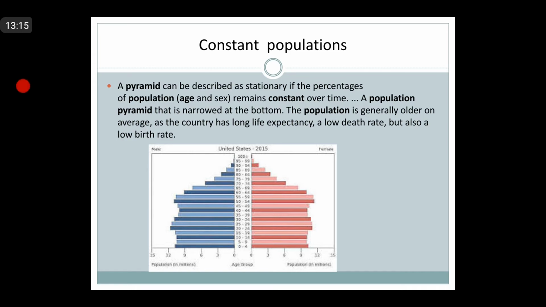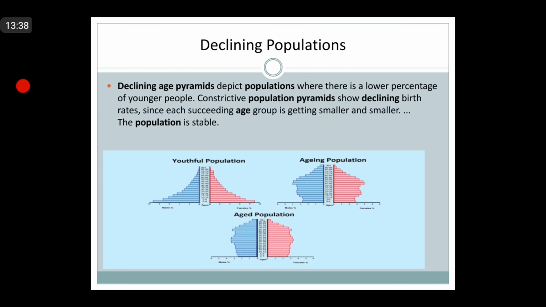A population pyramid that is narrowed at the base, or at the bottom, shows a population that is generally older on average, as the country has a long life expectancy and a low death rate, but also a low birth rate. And then the third one would be your declining age pyramids.